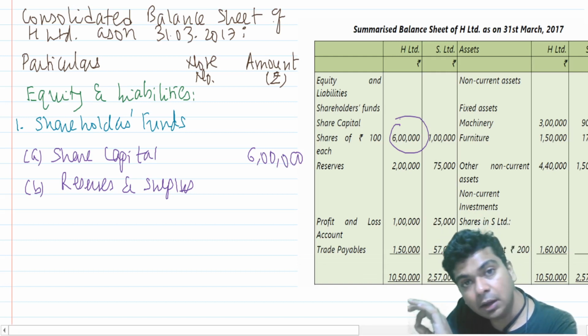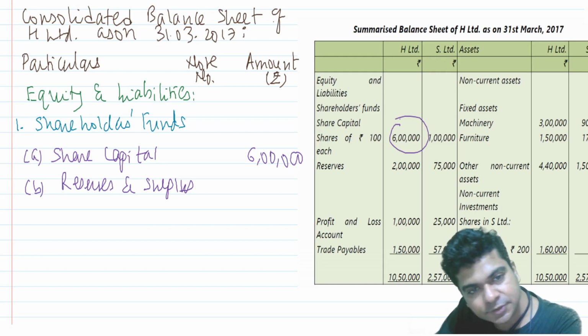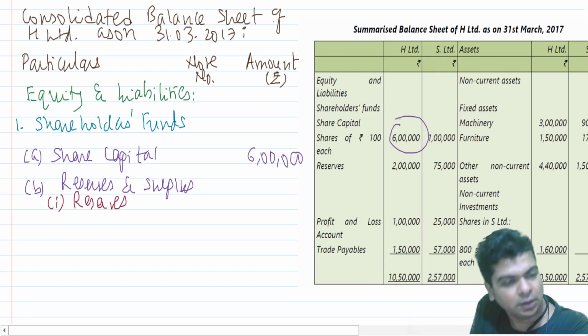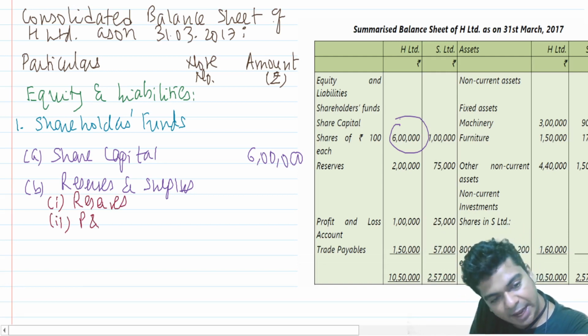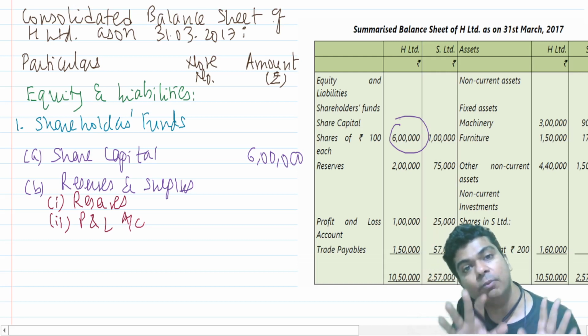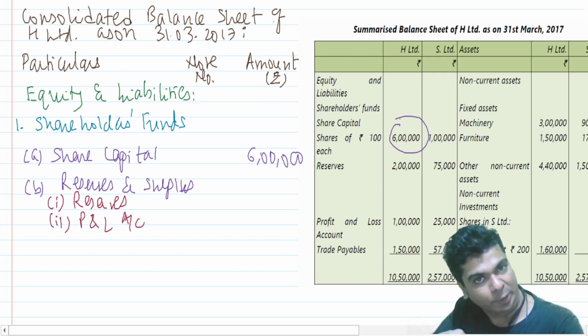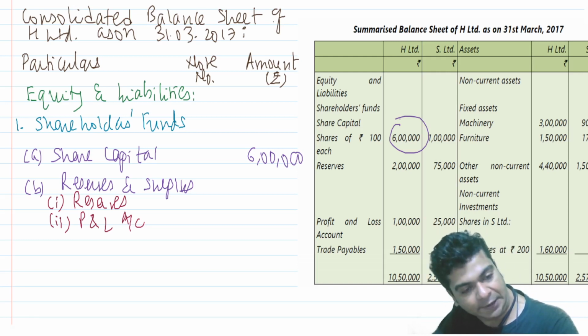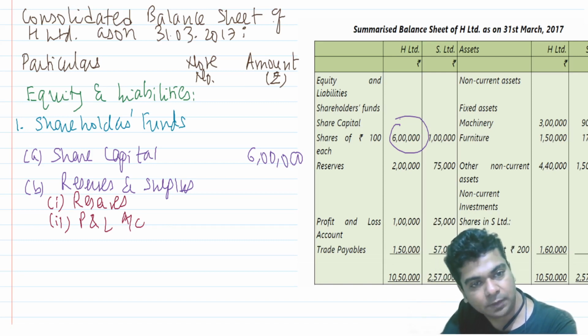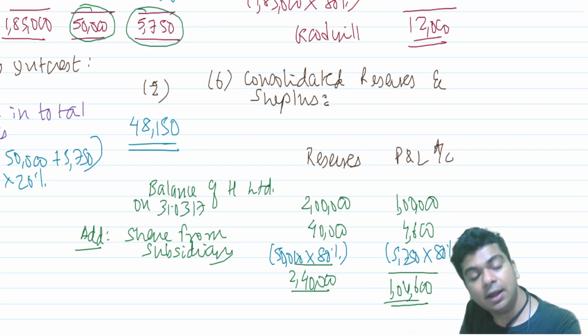Ideally, you should be preparing a note for reserves and surplus, but I'm just showing it below. We will show here reserves and profit and loss account. Prepare a separate note; that's what you should be doing ideally. But in exams, you may or may not have that much time, so I'm just showing it over here. Otherwise, if you have time, prepare a separate note and show it. You have to look at the last working.